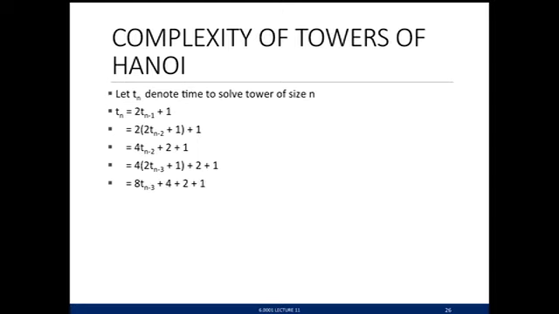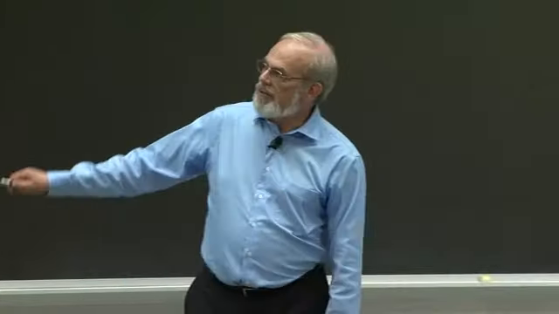Oh, see the pattern? You can start to see it emerge here. Each time I reduce this, I'm adding another power of 2, and I'm increasing the coefficient out front. And so, in fact, after k steps, I'll have 1 plus 2 plus 4 all the way up to 2 to the k minus 1, plus 2 to the k times T sub n minus k. Hopefully you can see it if you just look.